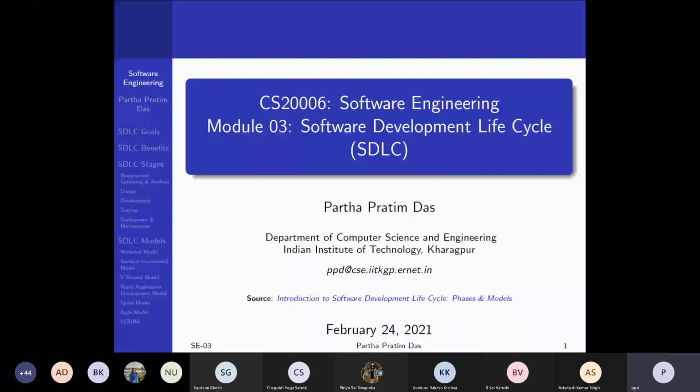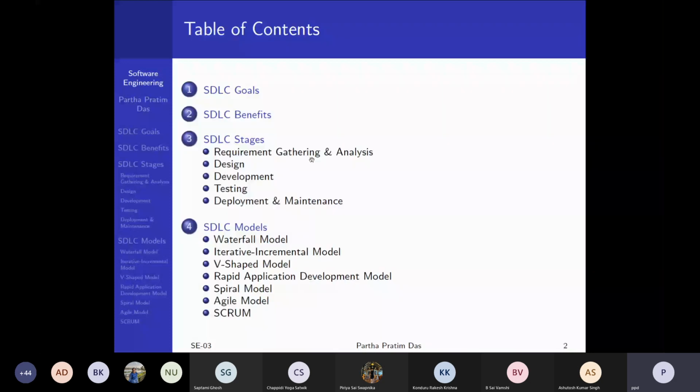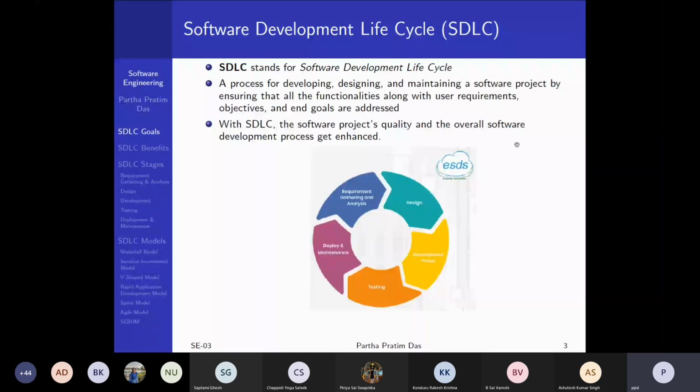This is more or less the coverage, which I think will take 2 or 3 lectures to cover. As I started saying, SDLC stands for software development life cycle. It talks about the process for developing, designing, and maintaining software projects, of course, by ensuring all functionalities along with the user requirements, objectives, and goals, etc.